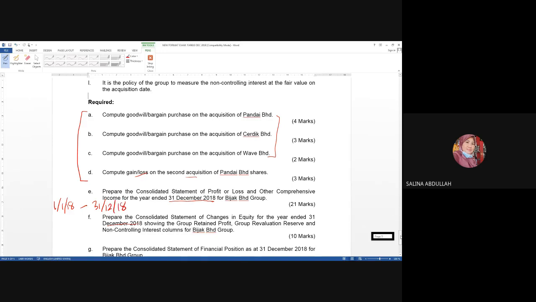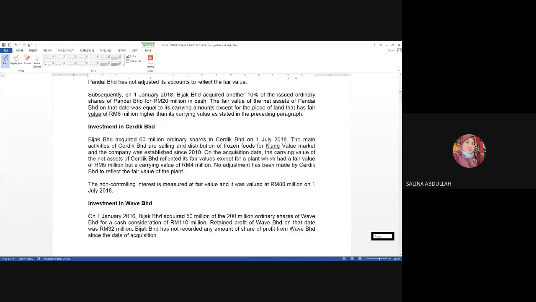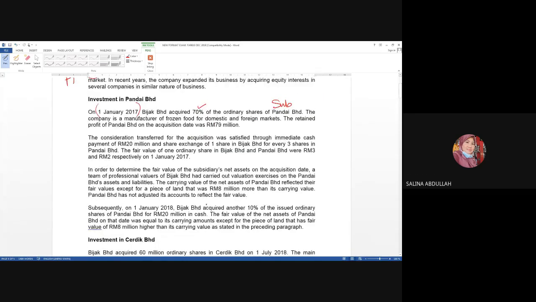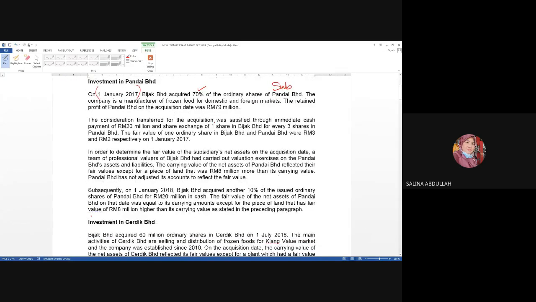How do you calculate goodwill? Remember, acquisition of goodwill. So here in this question, we have investment in Pandai Berhad.